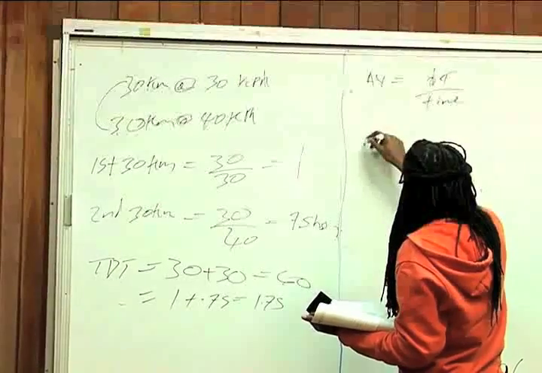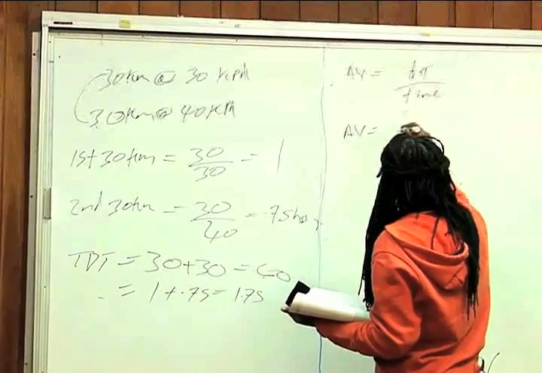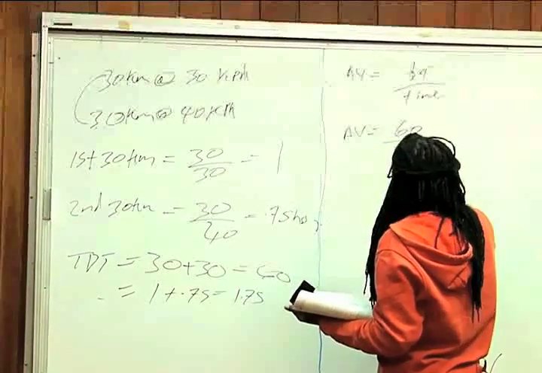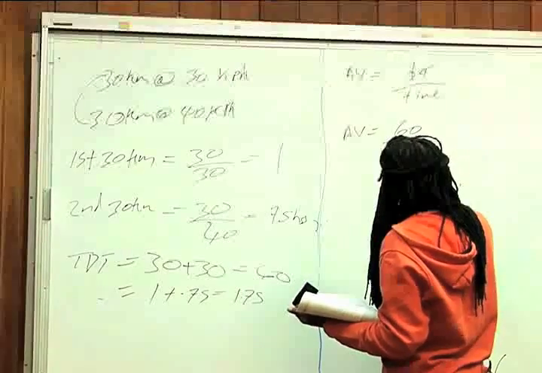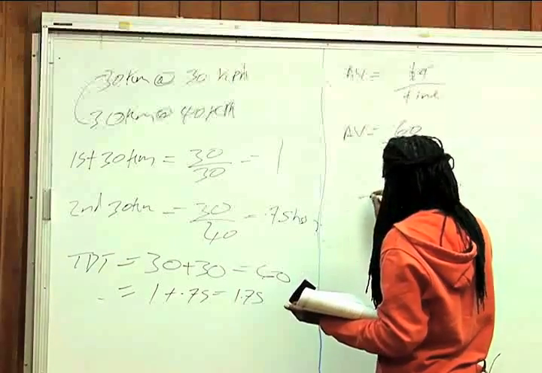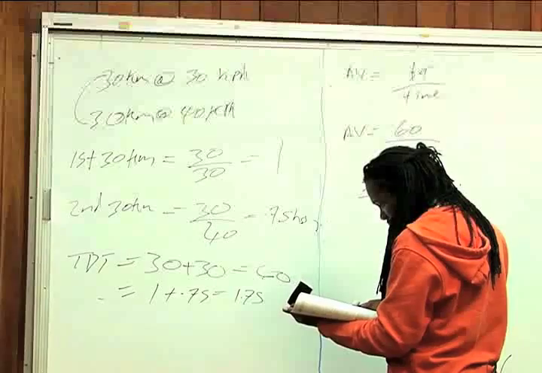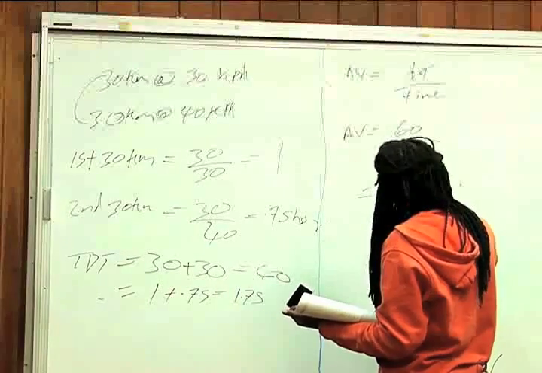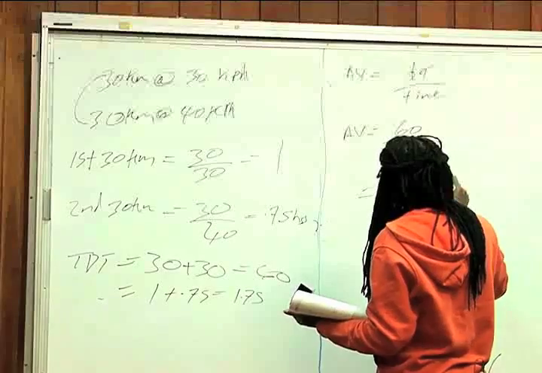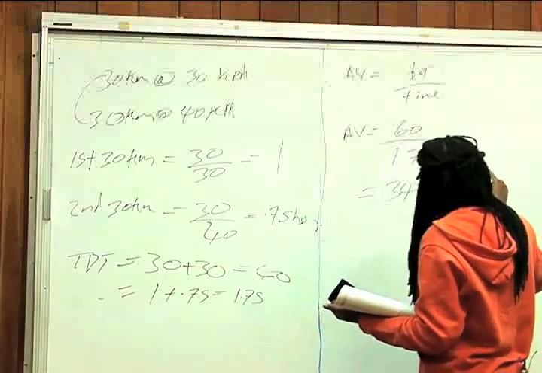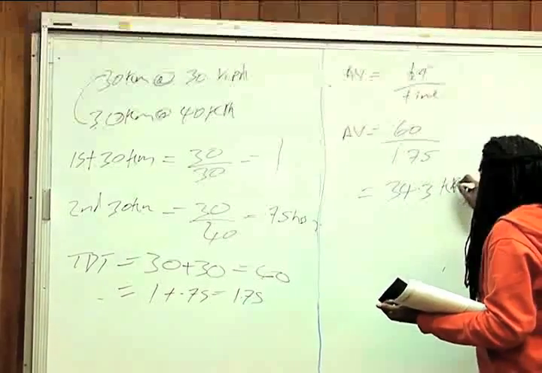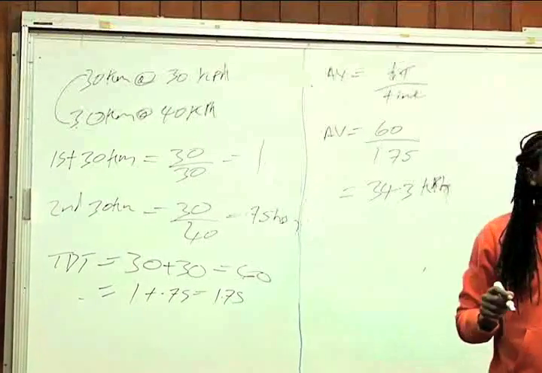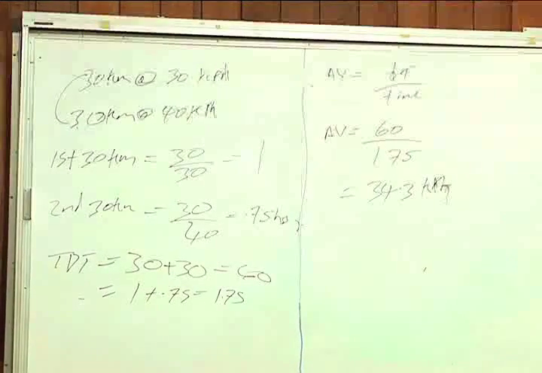What's the distance traveled? 60 total, over what's the time? 1.75 hours. So that is equal to 34.3 kilometers per hour. You understand that?